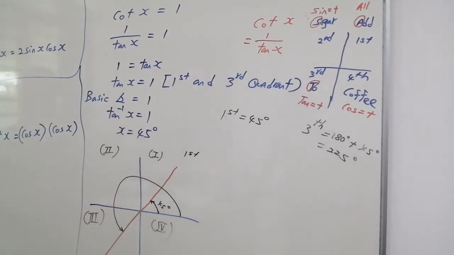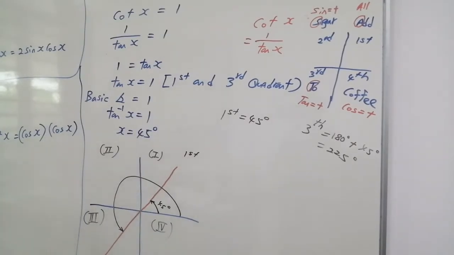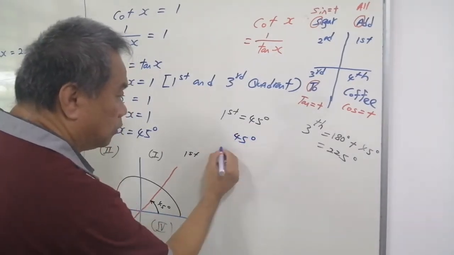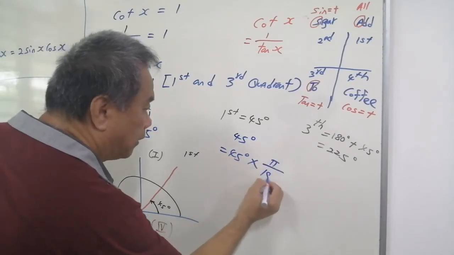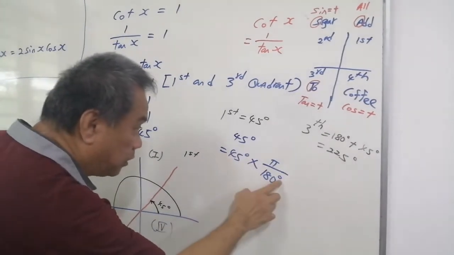But the question asks you for the answer in terms of pi. My answer here is in terms of degrees. So you cannot give your answer like this. Your degrees need to be changed to pi. So how to change it? Very simple. Now 45 multiplied by pi over 180. How do you memorize the formula? Very simple. Your degree and degree need to cancel out.